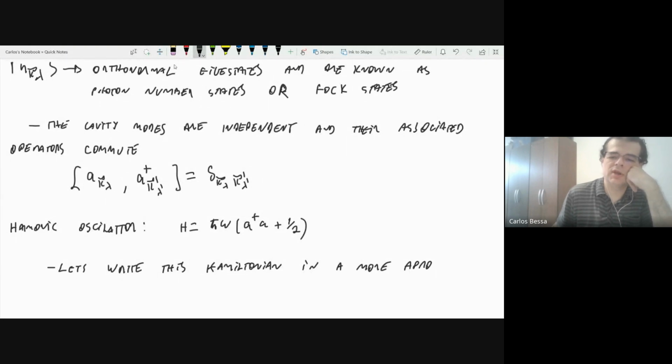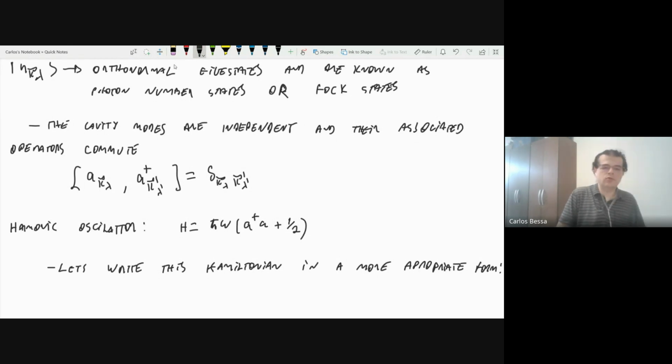Because when I relate it to the classical radiative energy of the electromagnetic field, it will be much easier to identify the terms if I change this notation. So let's write this Hamiltonian in a more appropriate form.